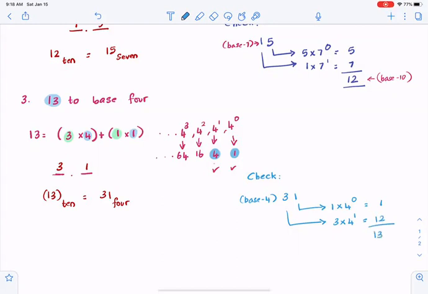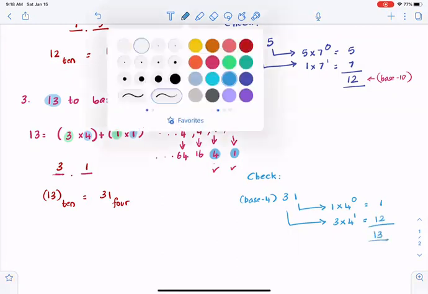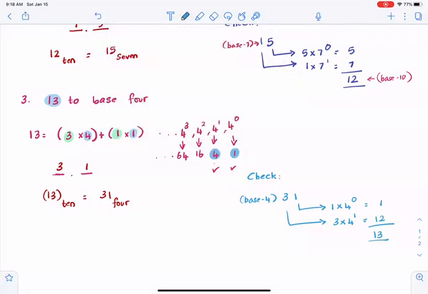If I add those, I get 13, and that number is in base 10. So my base 4 number 31 is the base 10 number 13. So things worked out just fine, and our answer is correct.